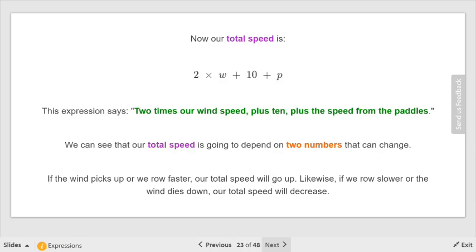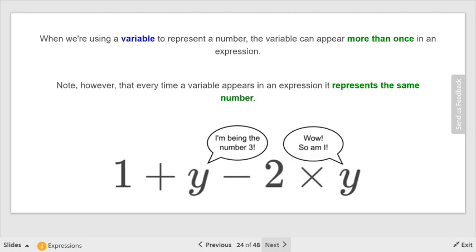So now your total speed is 2 times the wind, because we have 2 sails, plus the 10 for the motor, plus P for the paddling. So you can have more than one unknown in a sentence, and an expression is a sentence. Look at this one: 1 plus y minus 2 times y. The y appears how many times here?